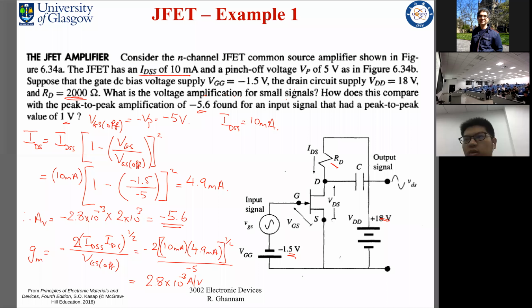The next part is, how does this compare with the peak-to-peak voltage amplification of 5.6 found for an input signal that had a peak-to-peak value of 1? 5.6, 5.6. So the answer is, it is the same. That's the answer to the question. Okay, so that is our example here.